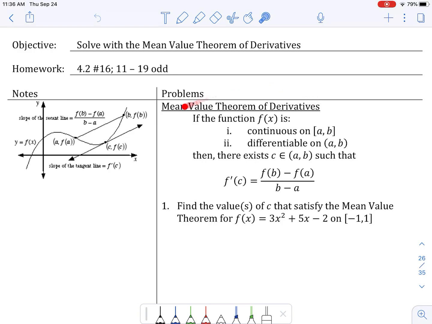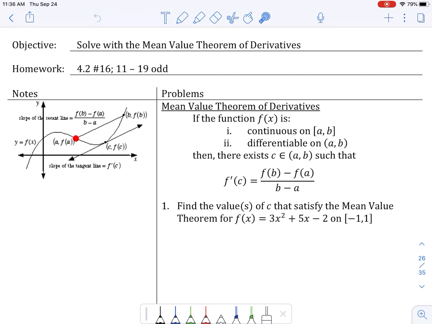So, if you remember the mean value theorem for derivatives, what that says is that if a function is continuous on an interval from a to b, and it's differentiable on the inside of that interval, that means that there exists a c in that interval such that the derivative at c is equal to the average rate of change there.